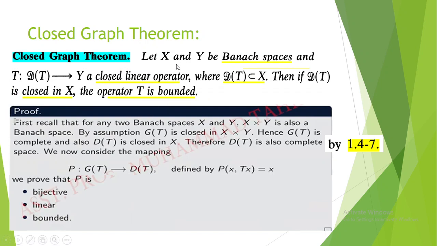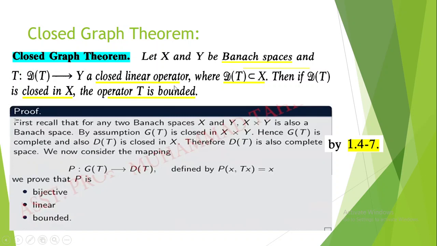Suppose we have two Banach spaces, meaning complete norm spaces, one is X and the other is Y, and we have a closed linear operator T, where D(T) is a subset of the Banach space X. Then if the domain is closed in the norm space X, then the operator T is bounded.